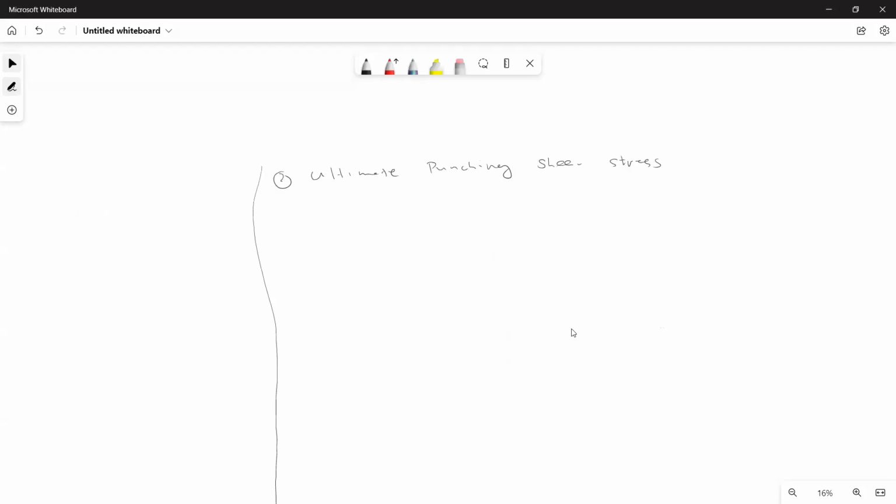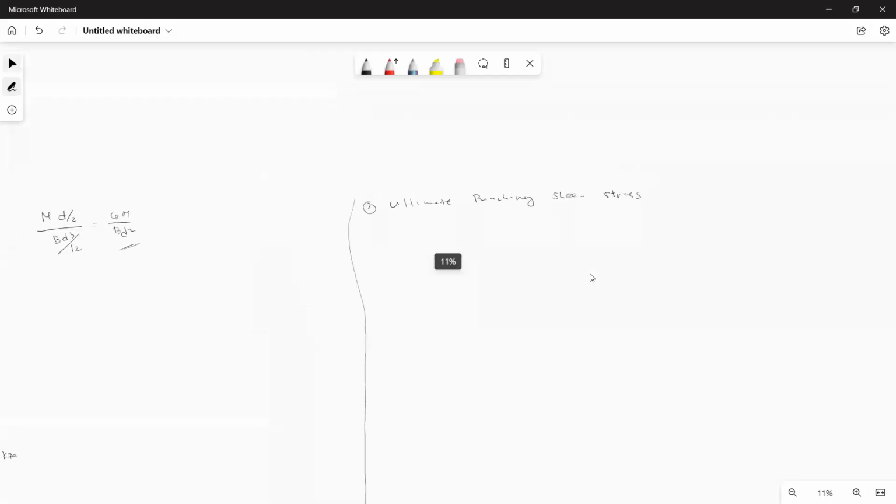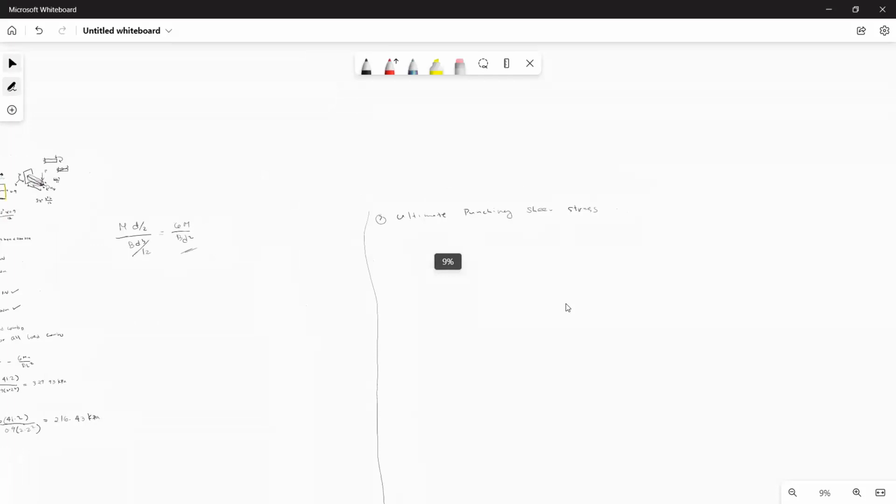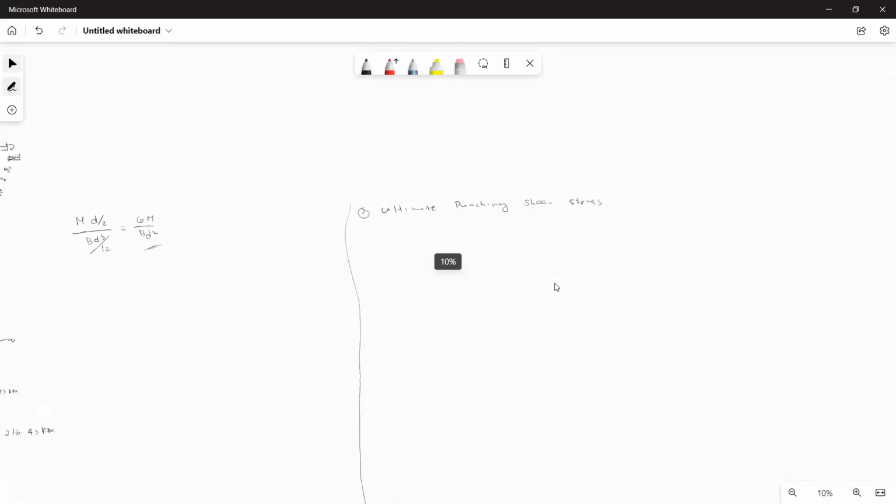Okay, so just like what we did, di ba no need to solve na since alam na natin yung soil pressure sa ilalim. So drawing nyo na siya. Di ba ang punching shear stress is D over 2 distance from the face of the column. So maybe ganito siya drawing. If you find the distance, ito ay 2.2. Ito ay 0.9.